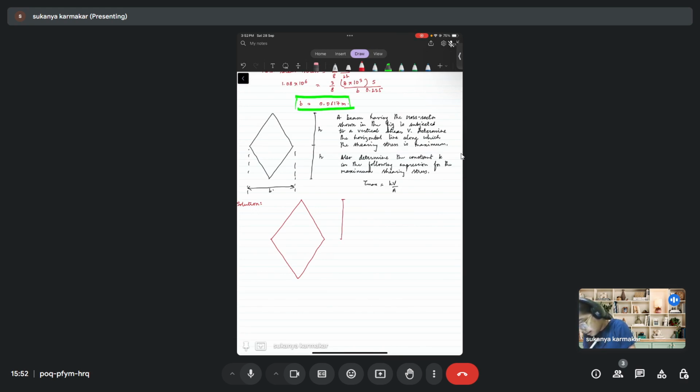So this height is h, this height is h, this width is b. So the entire area is half base into height for one triangle, into 2.